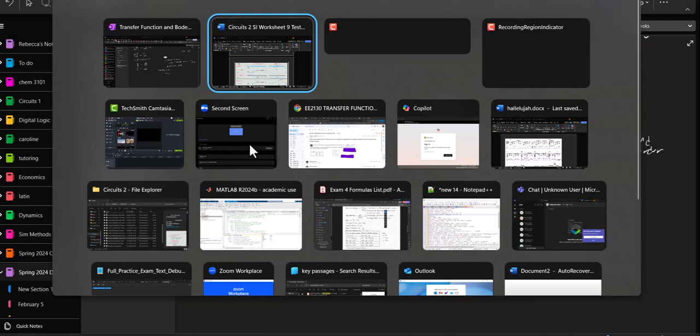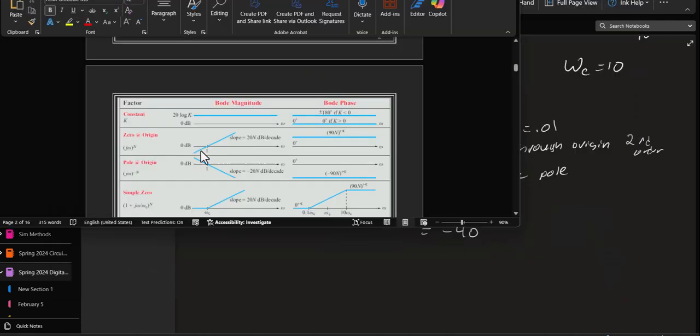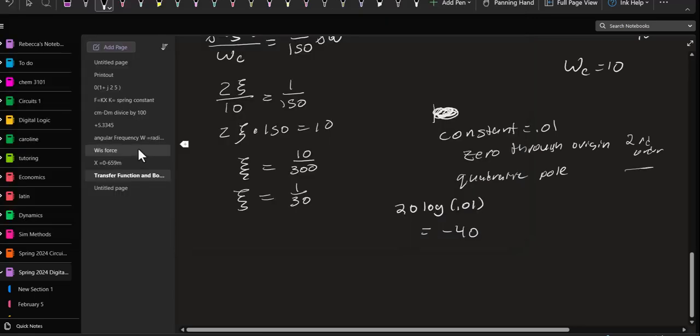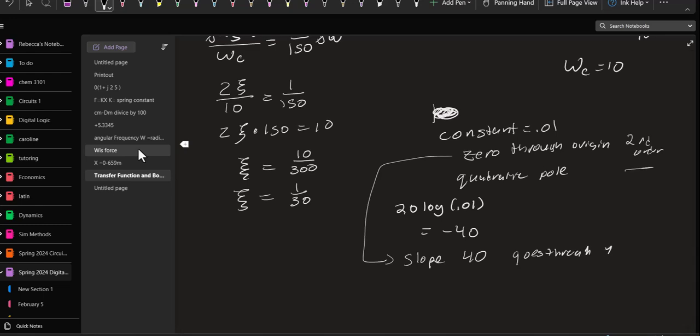And then for the zeros through the origin, they have a slope of 20 per 20n, and our n is 2. So the zeros through the origin give us a slope of 40, and it goes through 1.